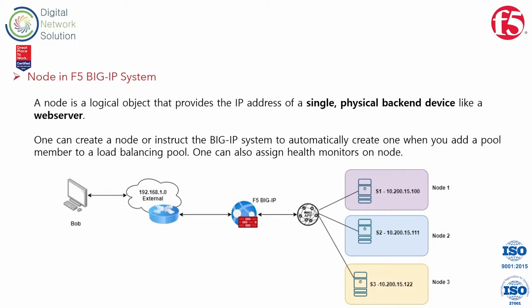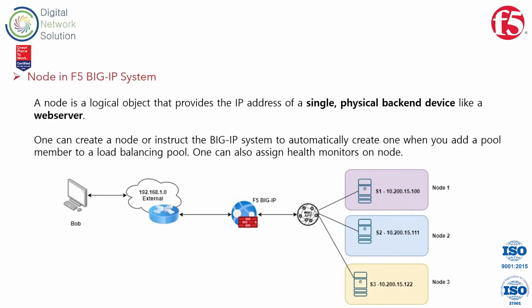As you can see in the illustration of the network architecture of F5, the backend servers are named S1, S2 and S3 with the following IP addresses: 10.200.15.100, 10.200.15.111 and 10.200.15.122.